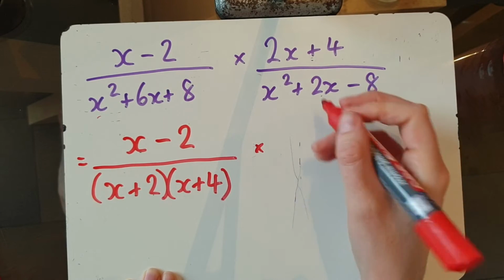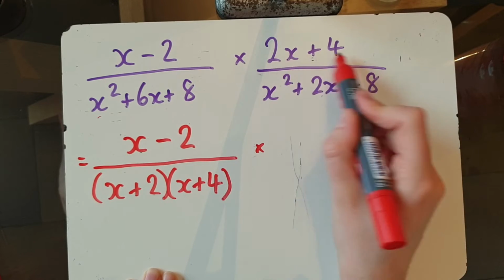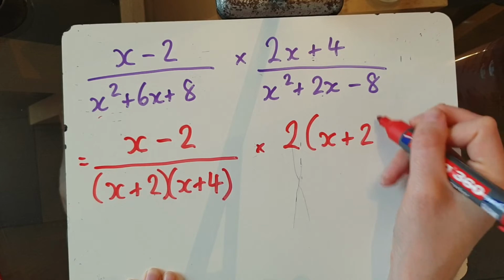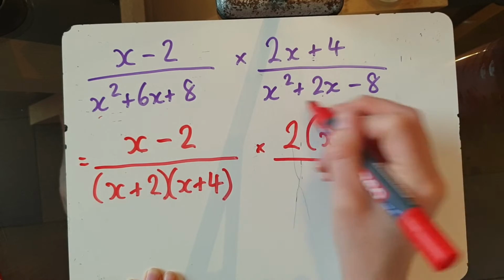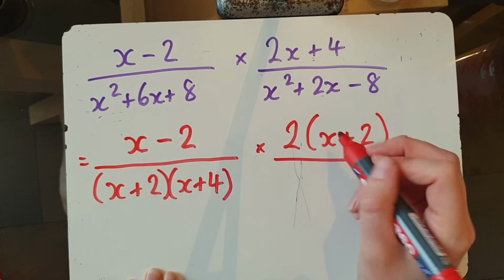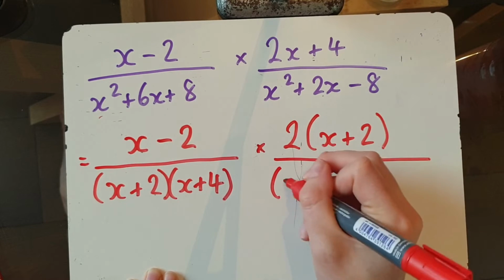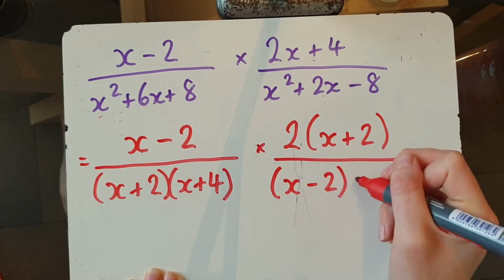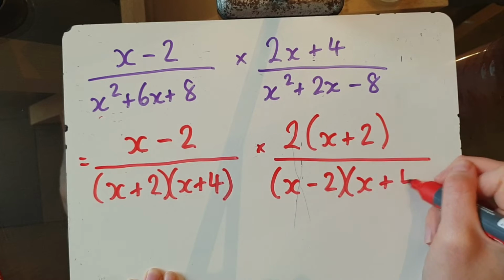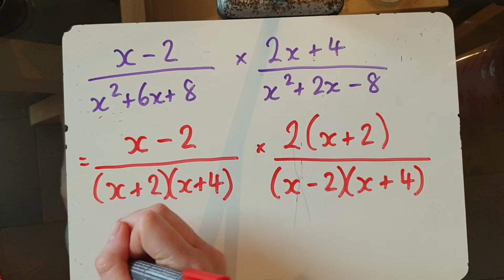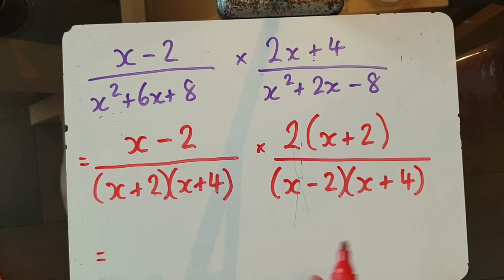And then multiplying that, I'm going to take 2 out of the top here. And again, I'm going to factorise this quadratic. This quadratic factorises into (x minus 2)(x plus 4). If I now perform the multiplication, but I'm not going to multiply anything out, I'm just going to put this as one fraction.